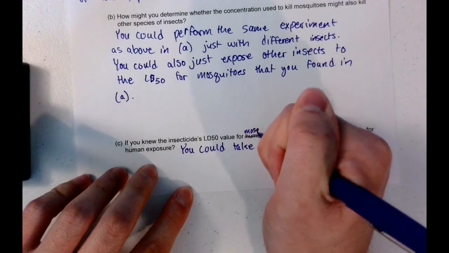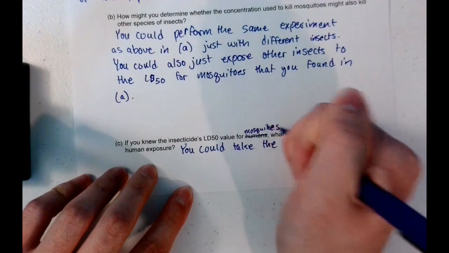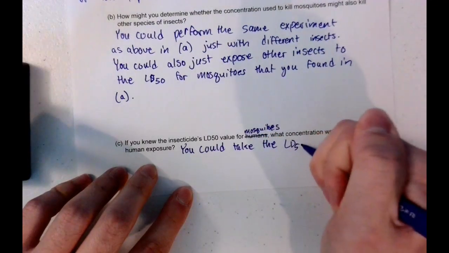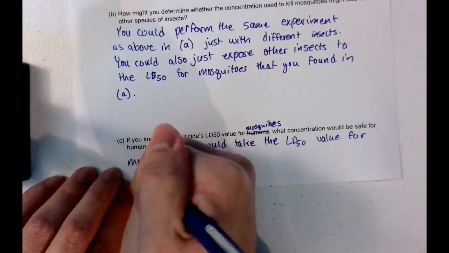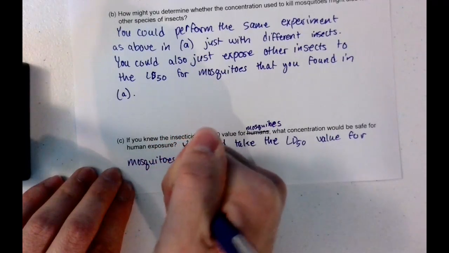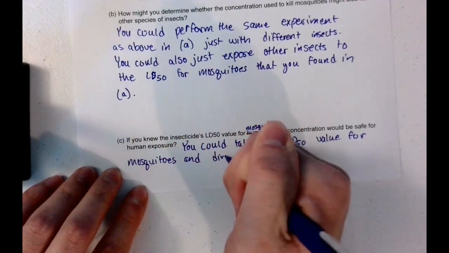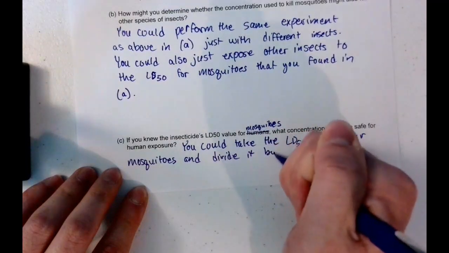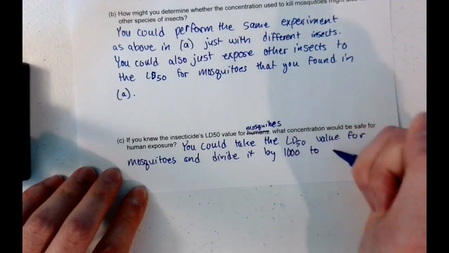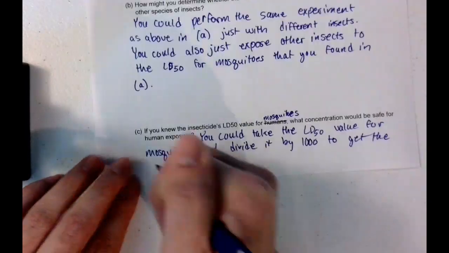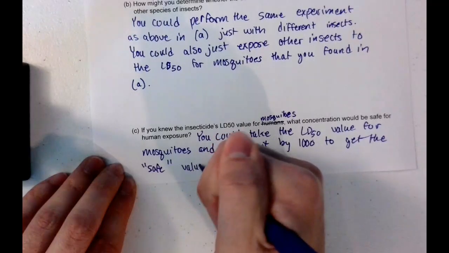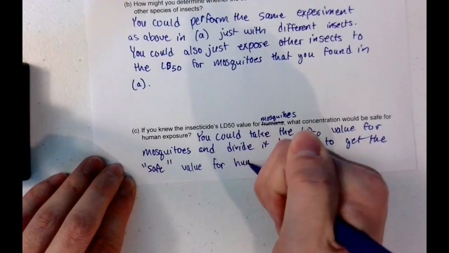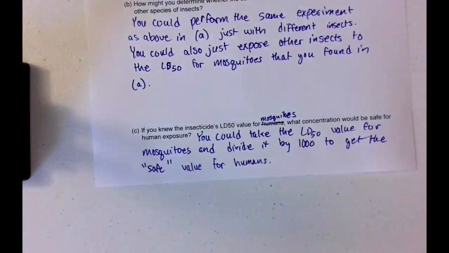I don't think this makes sense. You could take the LD50 value for mosquitoes and divide it by 1,000 to get the safe value for humans. Okay, so that's pretty much it for that one.